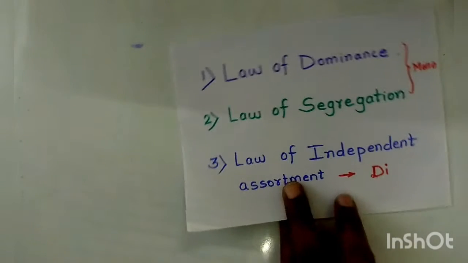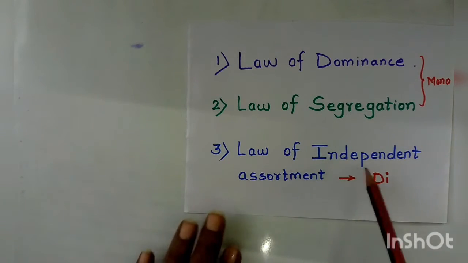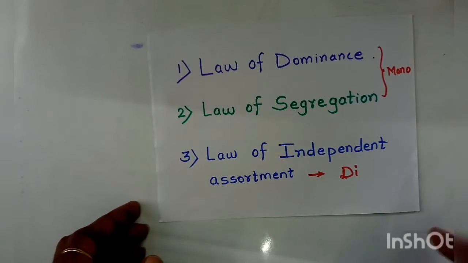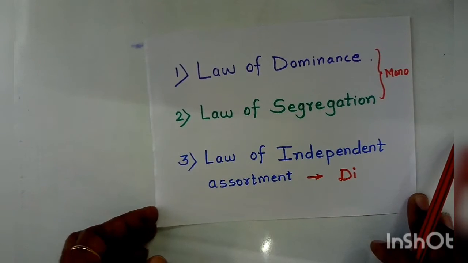Now coming to the third law, that is the law of independent assortment. This law is based on the dihybrid cross. In an organism, many characters are present and each character is controlled by a pair of alleles.